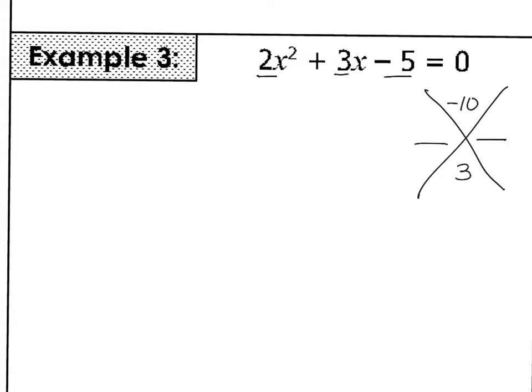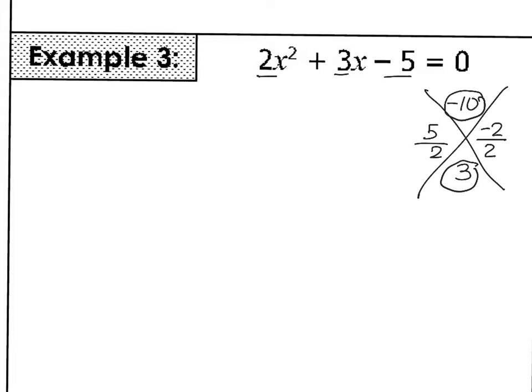And instead of dividing by 1, this time a is 2, so we're going to have to take that into consideration. I'm going to look at the factors of negative 10 that add up to 3. If I put 5 times negative 2, I get negative 10, and 5 plus negative 2 is positive 3. So that's going to work for us.